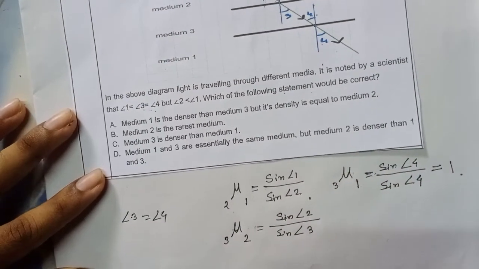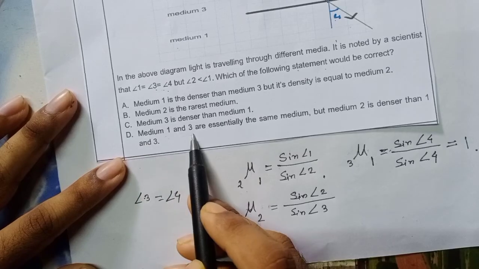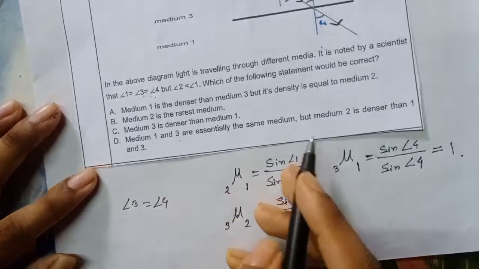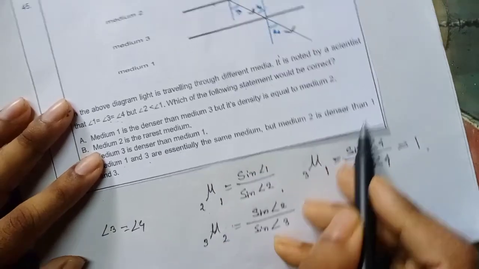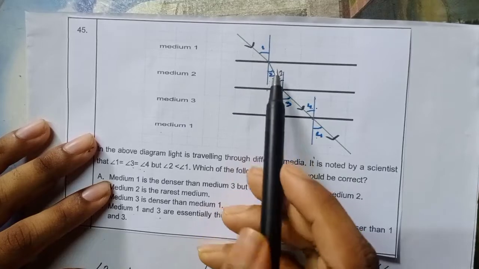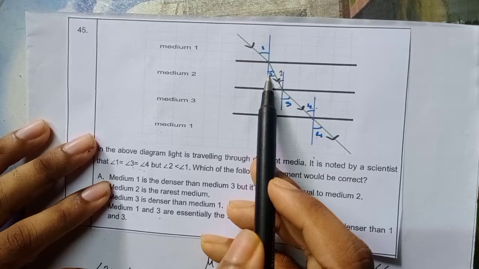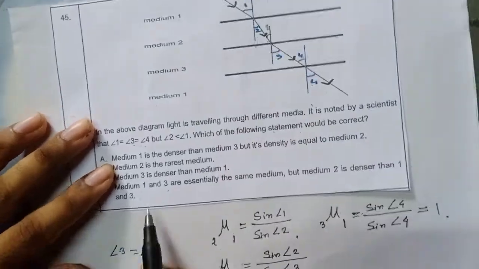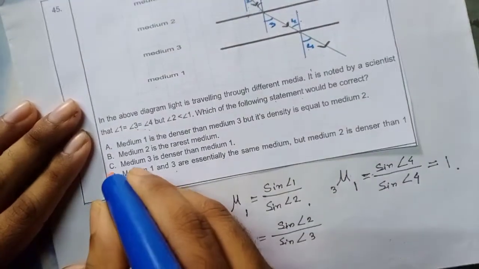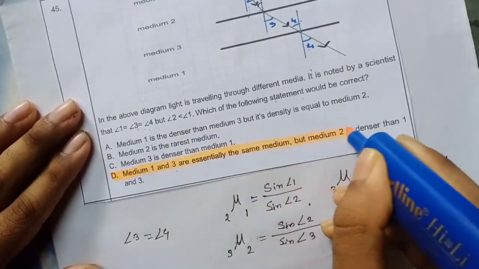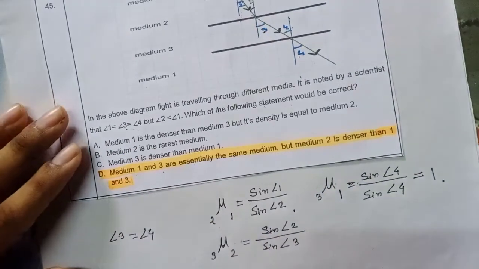So in option D you can see that medium 3 and medium 1 are essentially the same medium, but medium 2 is denser than 1, because you can see that the angle of refraction is less than the angle of incidence, so option D must be correct. Okay, so far so good.